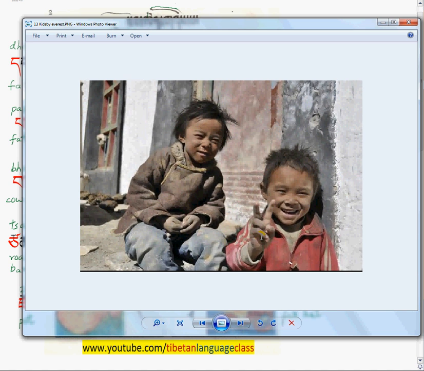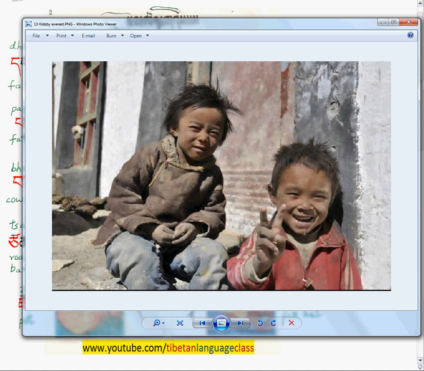And check this out. This is a really cool picture of two Tibetan kids by the Himalayas. I think this is by Everest base camp, somewhere around there. It's a really nice, happy looking kid.